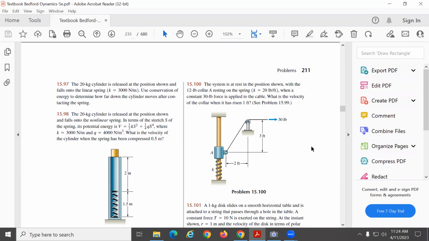Okay, so K equals 20 pounds per foot. When a constant force F of 30 pounds force is applied to the cable, what is the velocity of the collar when it has risen? So let's say when H equals 1 foot.